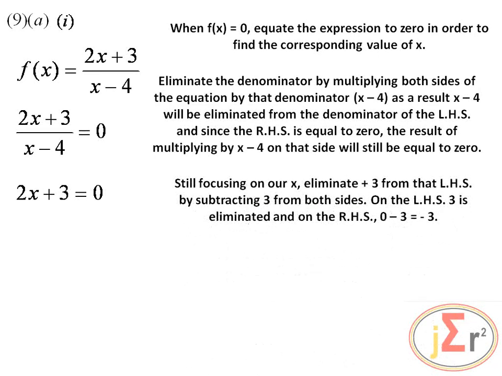So still focusing on our x, which is what we need to find, eliminate the positive 3 from the left hand side by subtracting 3 from that side. And as a consequence, we need to subtract 3 from the other side. On the left hand side, 3 is eliminated, and on the right hand side, we have 0 minus 3 is equal to negative 3.